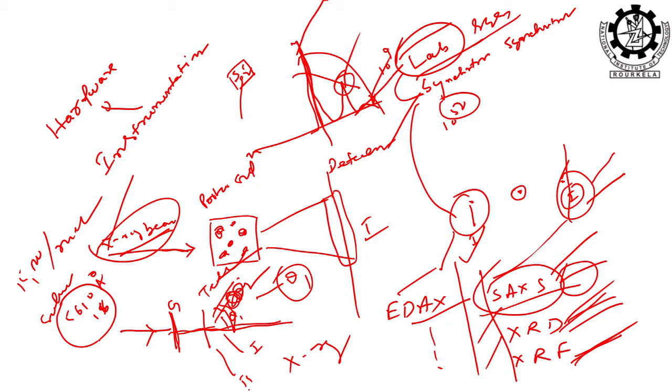Now, you just replace this visible source by X-ray, everything is the same. Just replace the visible light by X-ray light. With visible you realize it, with invisible you may not, but the thing is the same. Same diffraction, same scattering.